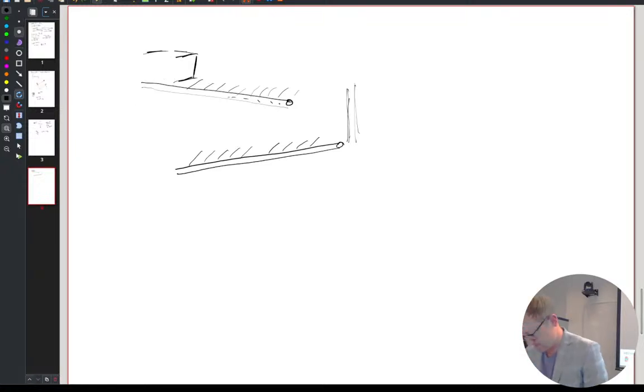Because if this is my H, what's happening to this box by the time it gets to the end of the ramp? How fast is it moving?